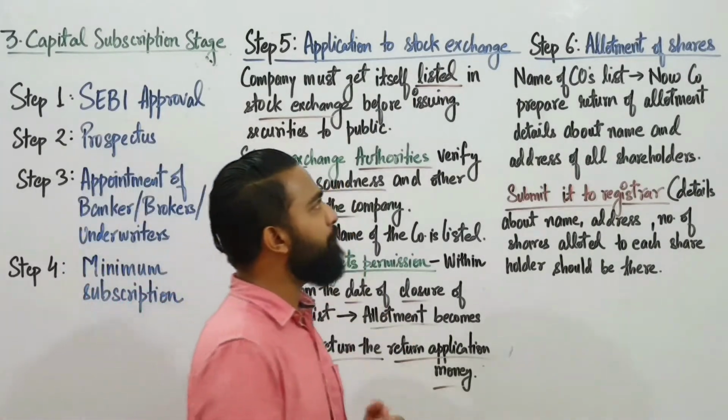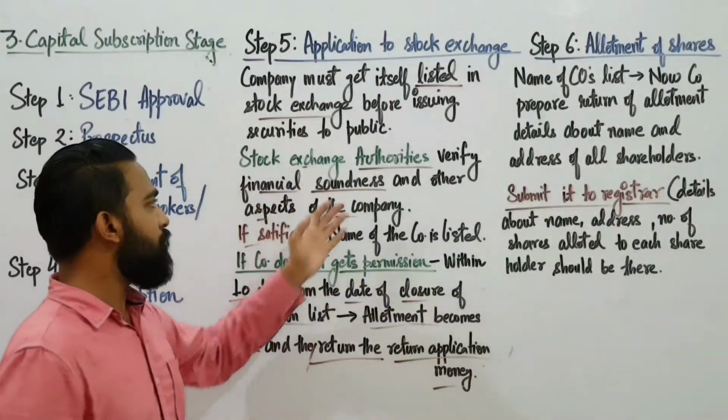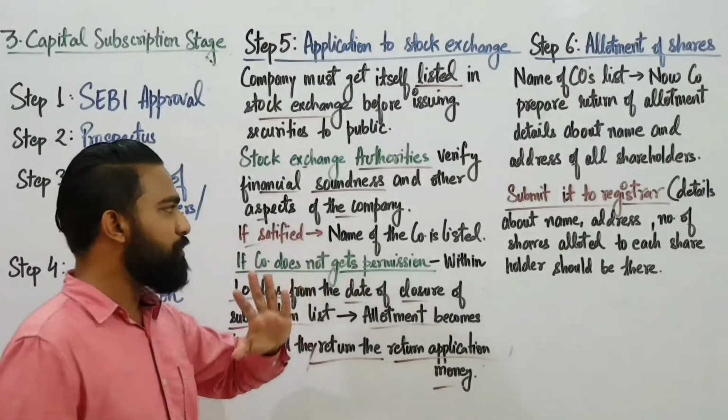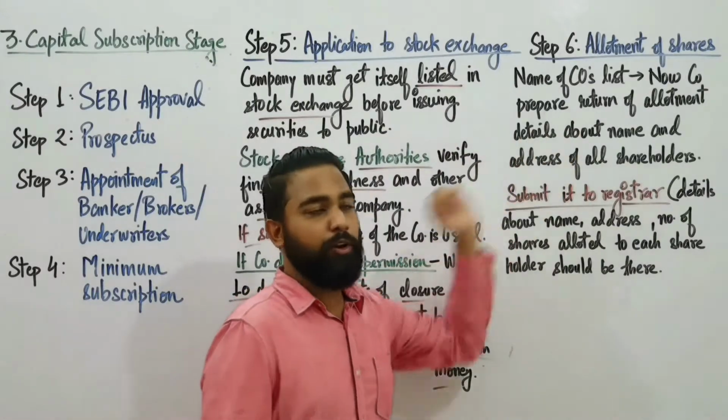Now the last step is the allotment of shares. If the stock exchange authorities are satisfied, then the name is listed, and after the name is listed, the next step is allotment of shares.